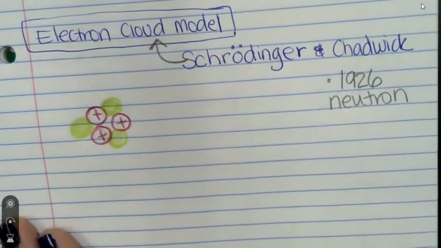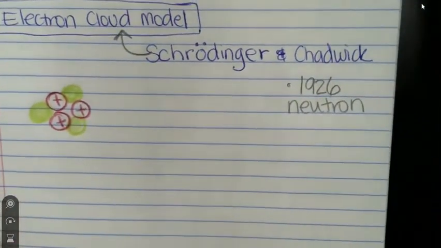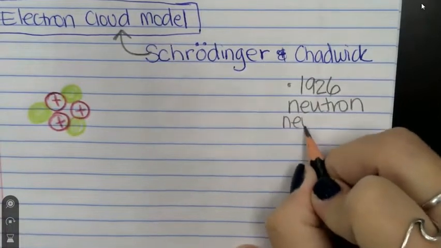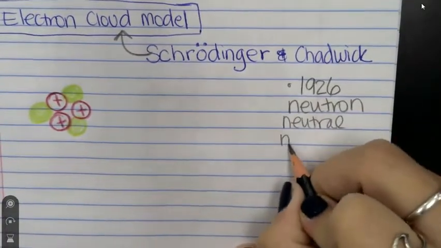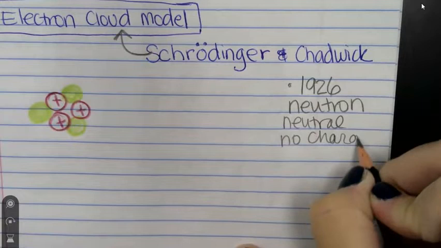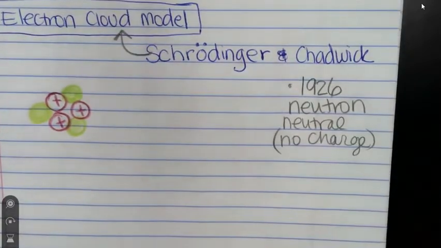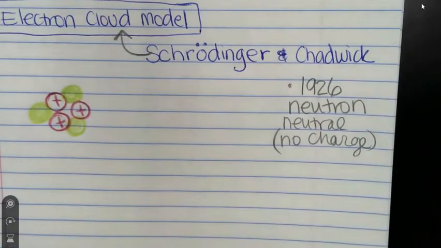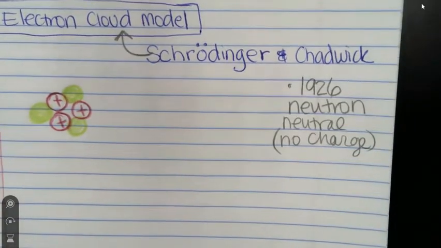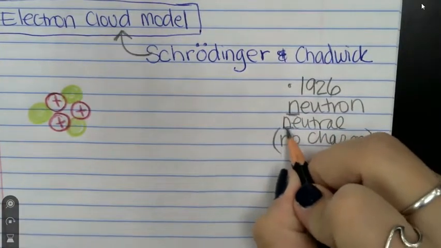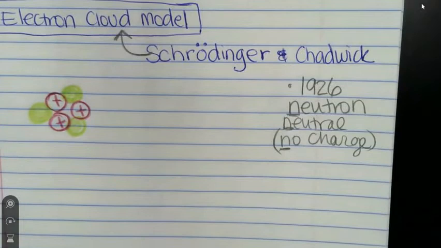The neutron is neutral. It has no charge. I know all these n's go together, but there's also negative charge, and so we sometimes confuse them. Neutron, neutral, no charge. And it's in the nucleus.